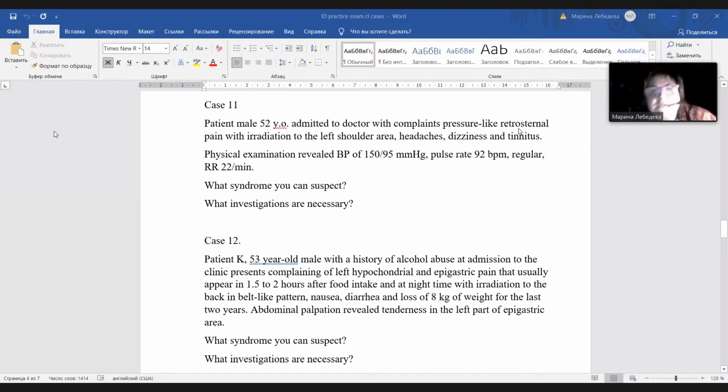And while performing echocardiography, we shall see hypertrophy of left ventricle and fundoscopy will be enough for evaluation of the condition and function of target organs.